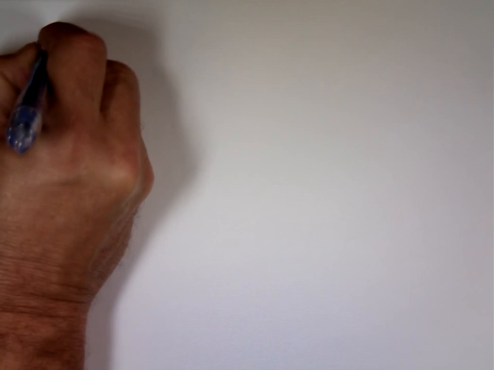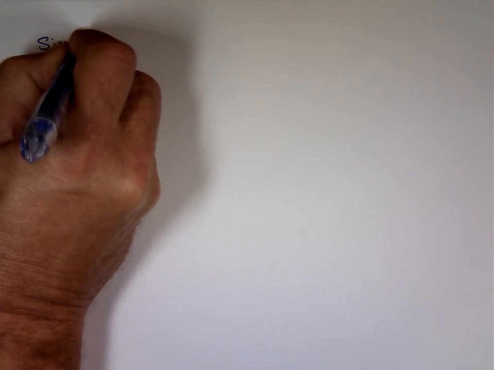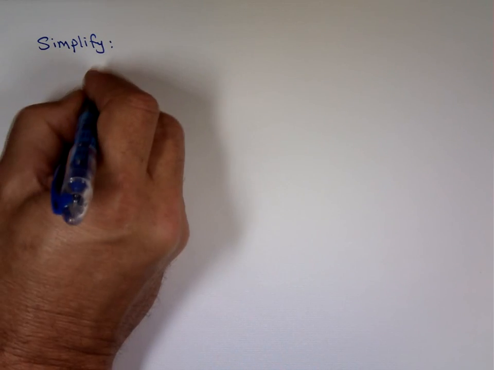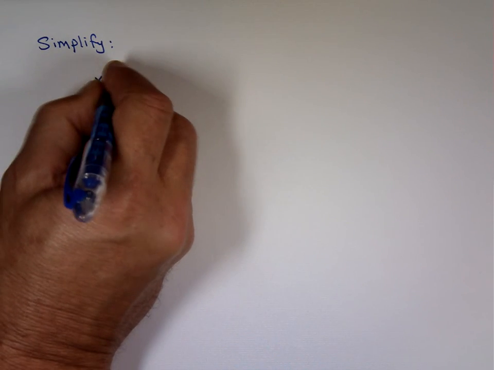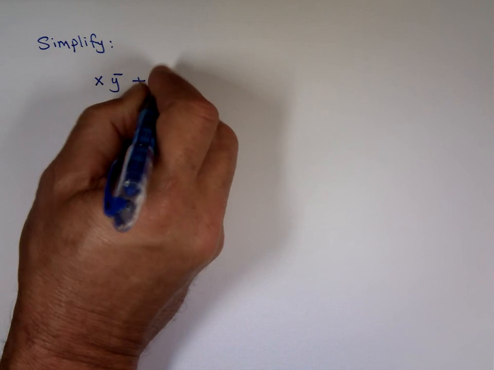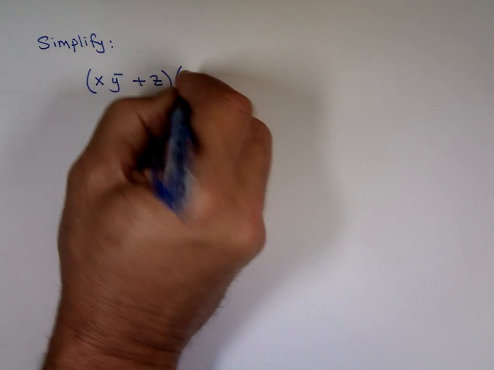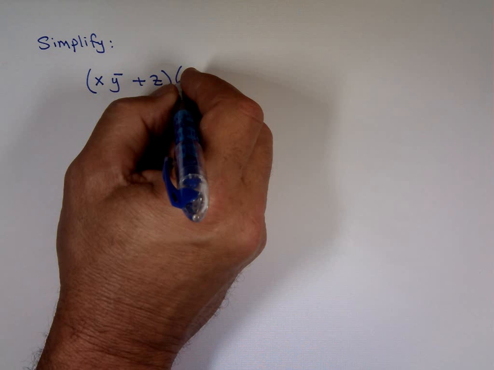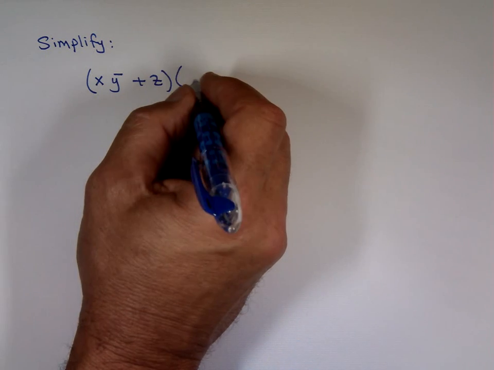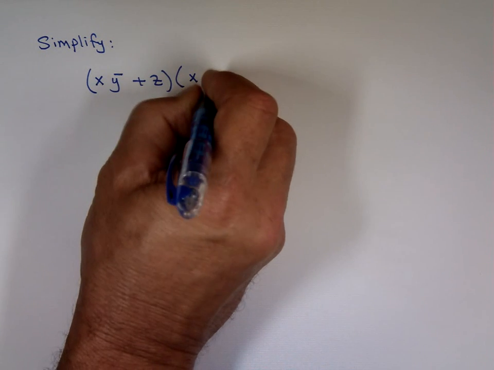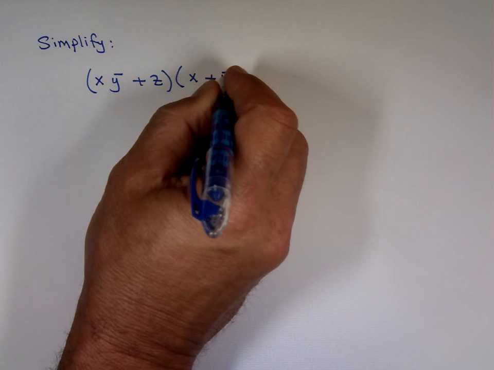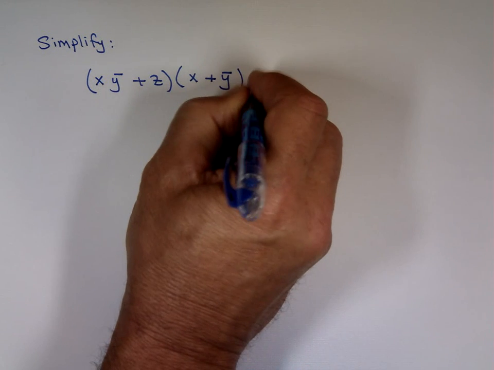Simplify. We have x y bar plus z times x plus y bar times z.